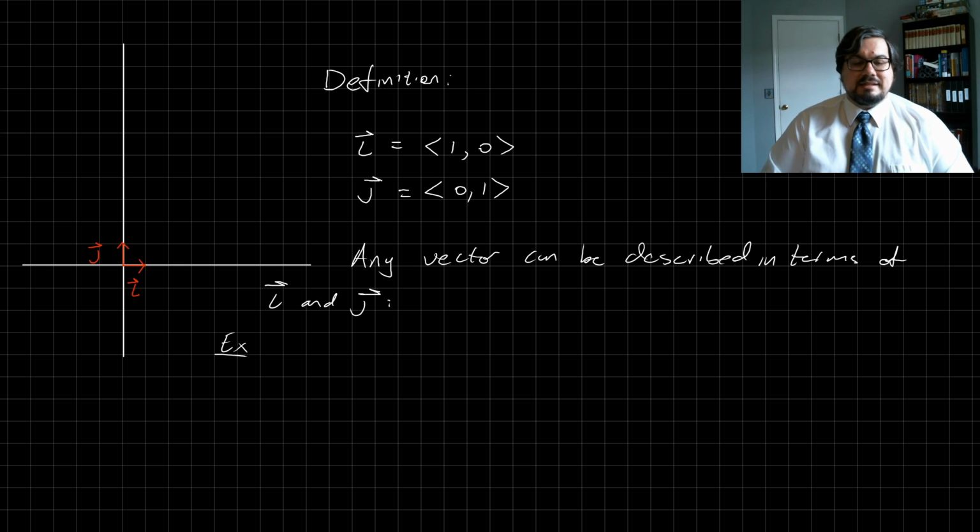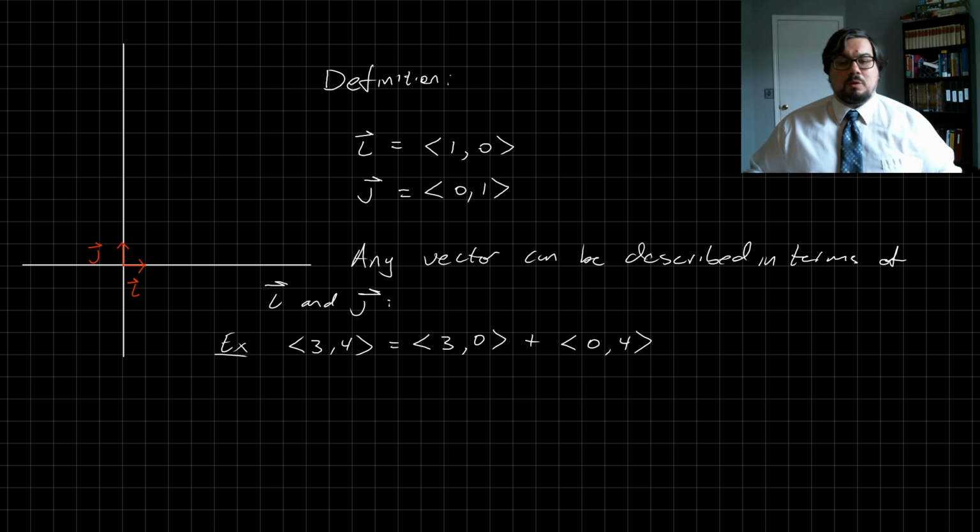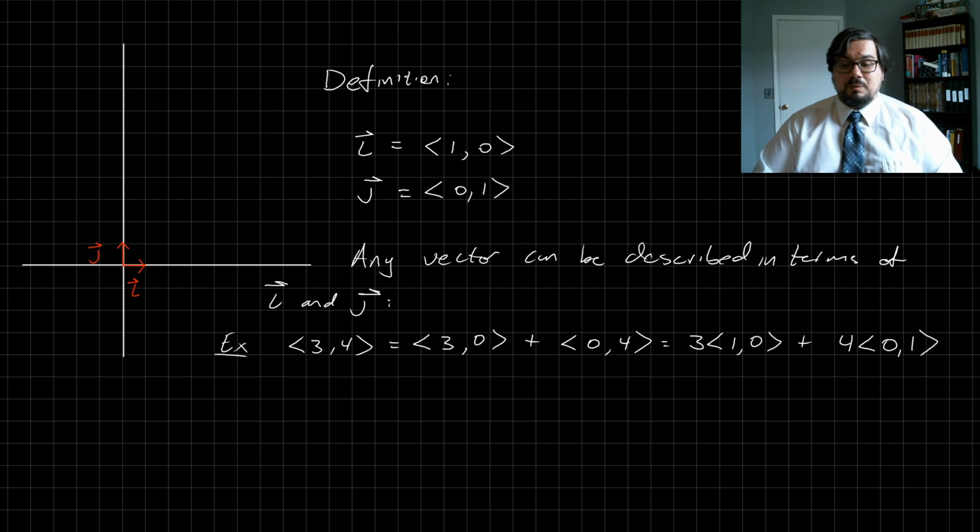Let's take as an example the vector 3, 4. We can use vector addition in the backwards way from the way that we normally do, to write 3, 4 as the vector 3, 0 plus the vector 0, 4. Then in each of these cases, we can factor out a number by scalar multiplication, and write this as 3 times the vector 1, 0 plus 4 times the vector 0, 1.